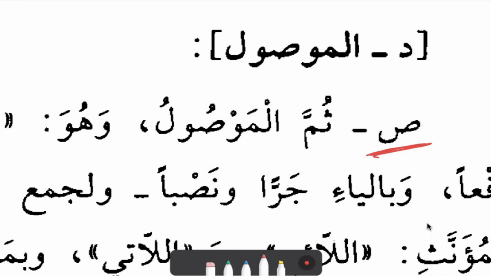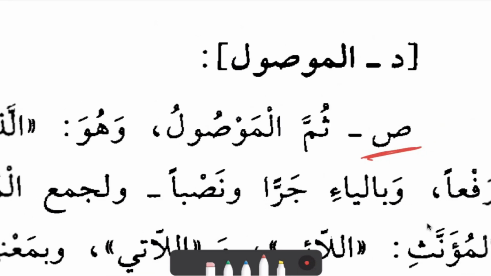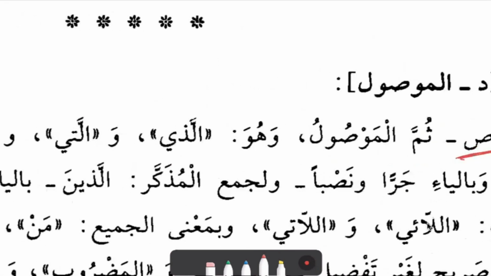Ismul isharati, demonstrative noun or nominal. Demonstrative here meaning pointing. Demonstrative in English comes from demonstrate. So as if they mean pointing. And now we want to talk about al-ismul mawsool, which is not an idafa.